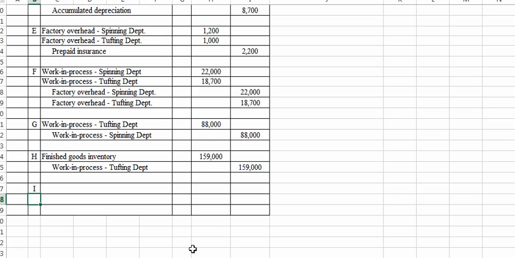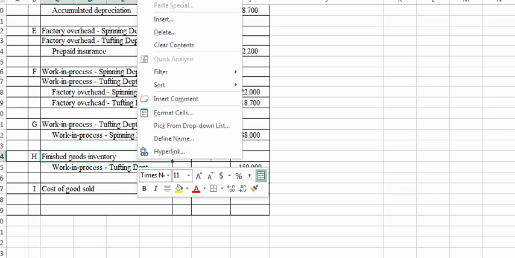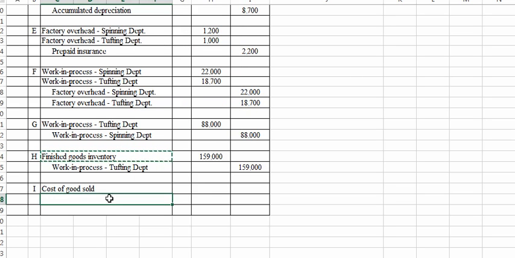So we're going to debit their cost to our expense account, cost of goods sold, and we're going to credit finished goods inventory. And they give us the amount here as well, $160,500.